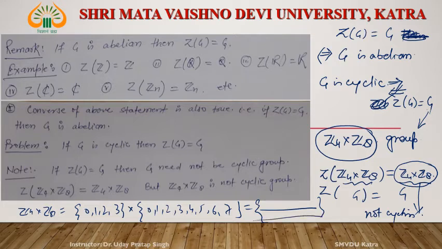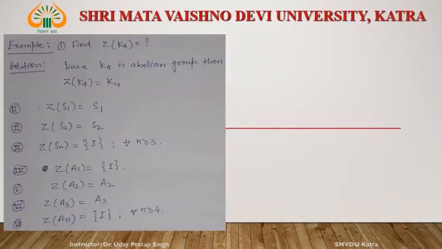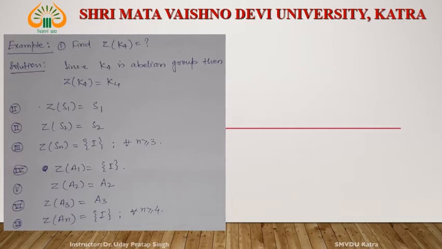In these 32 elements, not a single element can generate all 32. Therefore, this is not cyclic. But Z(G) is equal to G, meaning Z of Z4 cross Z8 is equal to Z4 cross Z8. But the converse is not true. Now, what is Z of K4? What is K4? K4 is abelian. We know that K4 is an abelian group.